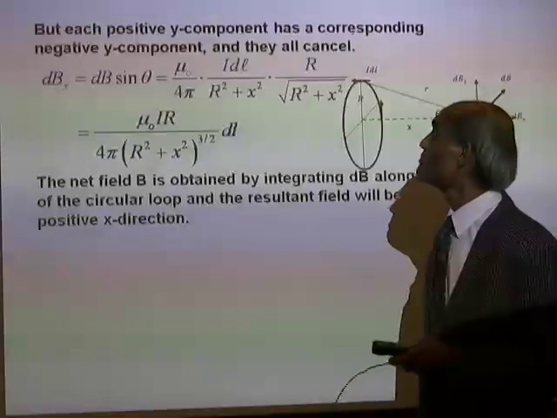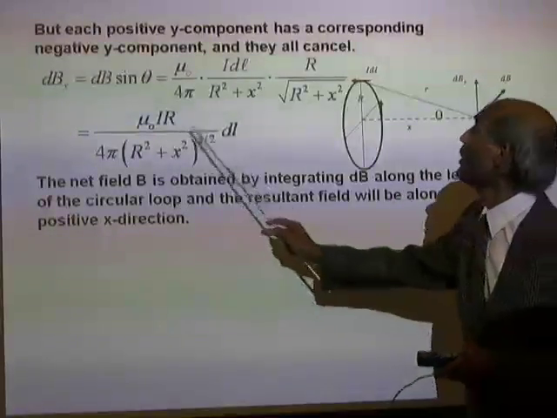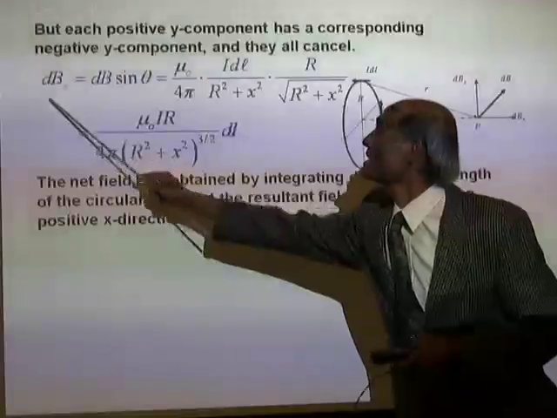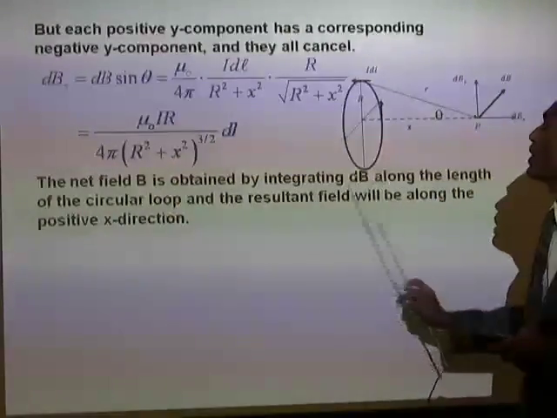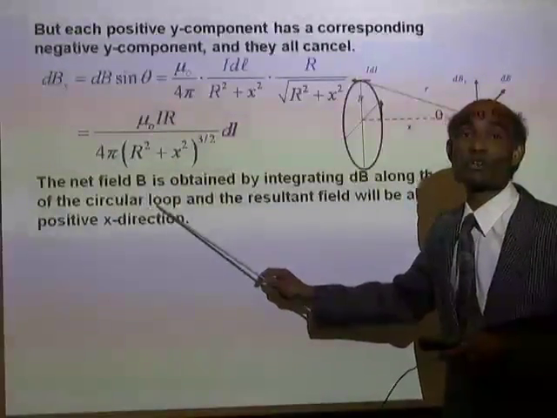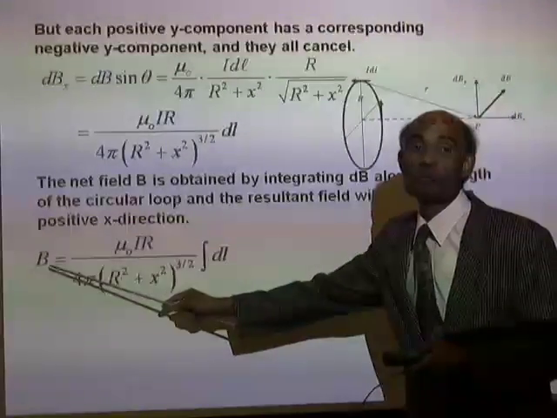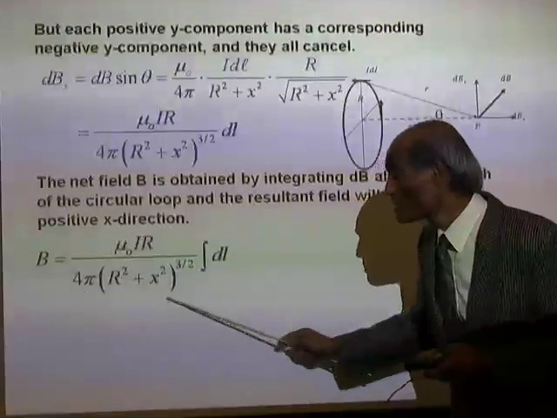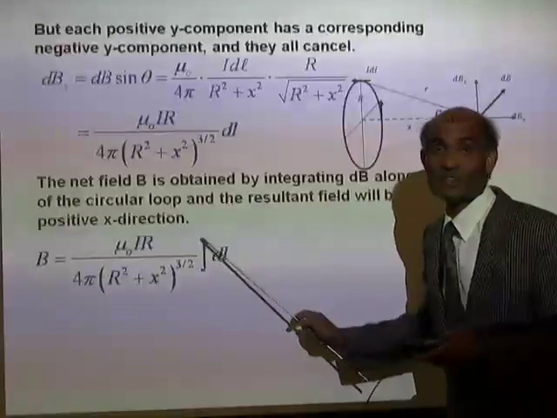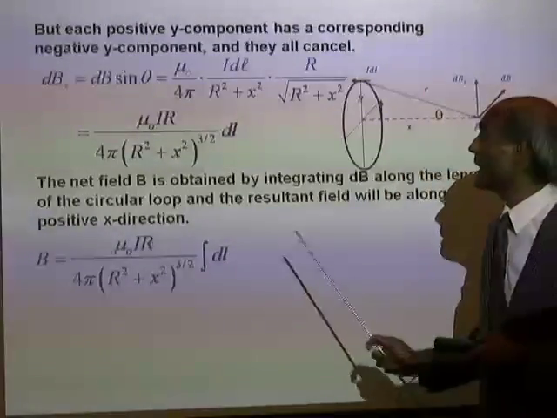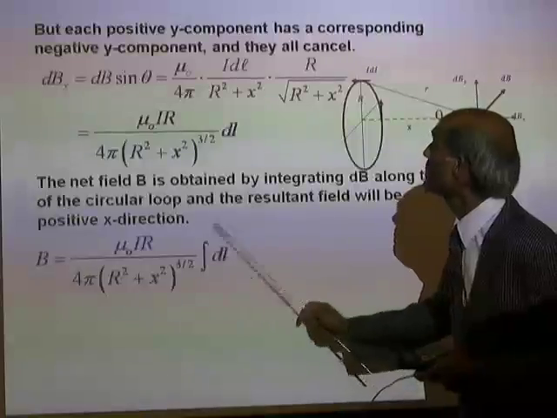So the net field B is obtained by integrating this dB along the length of the circular loop. Alright, let's do that. So B will be equal to this quantity that remains a constant times integral dl. And what does integral dl give you?